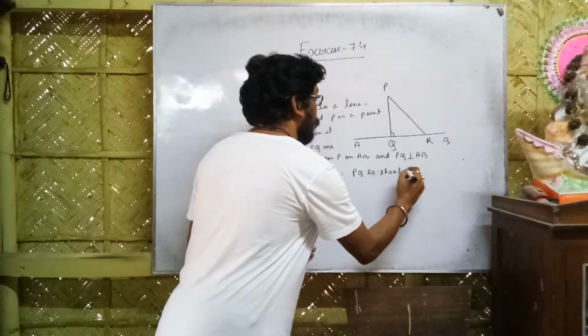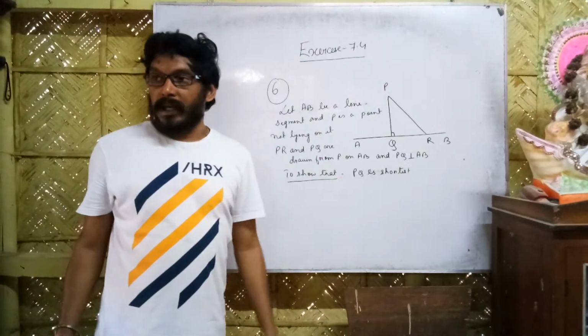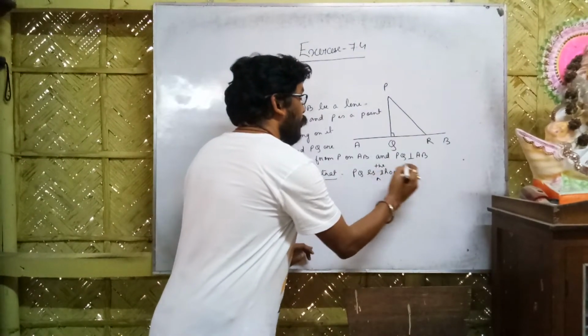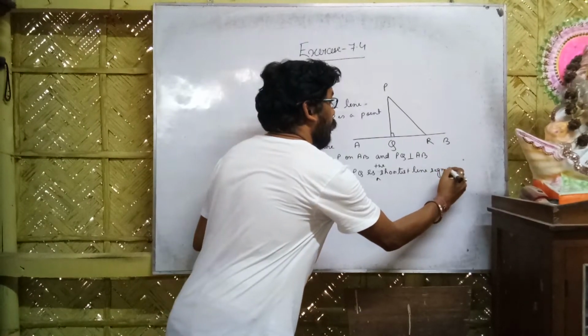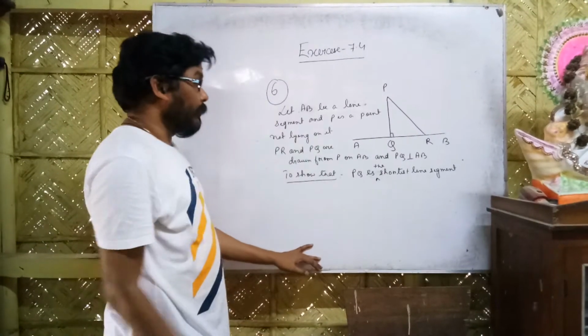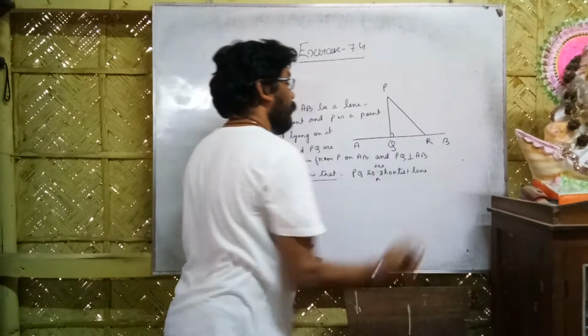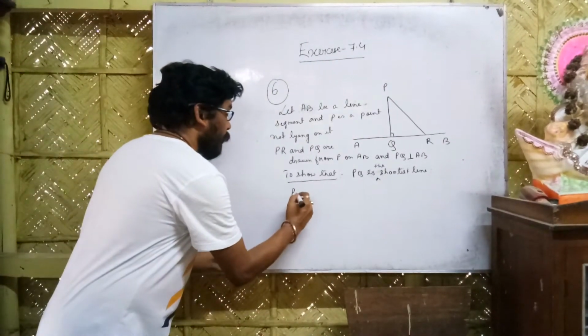Because in the question they have said the perpendicular is the shortest line segment. PQ is the shortest line. Okay.